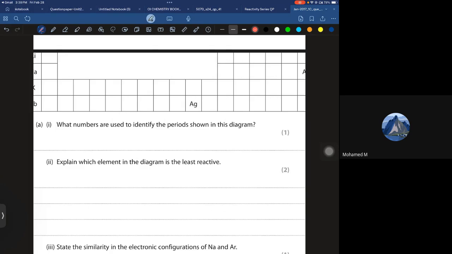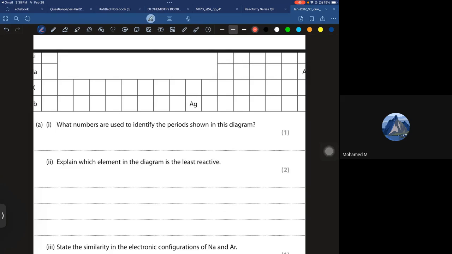I saw a question in which the examiner was asking why noble gases are unreactive, why they are inert. Most of the students wrote that they have eight electrons in their outer shell. No, this is wrong, because helium only has two electrons.